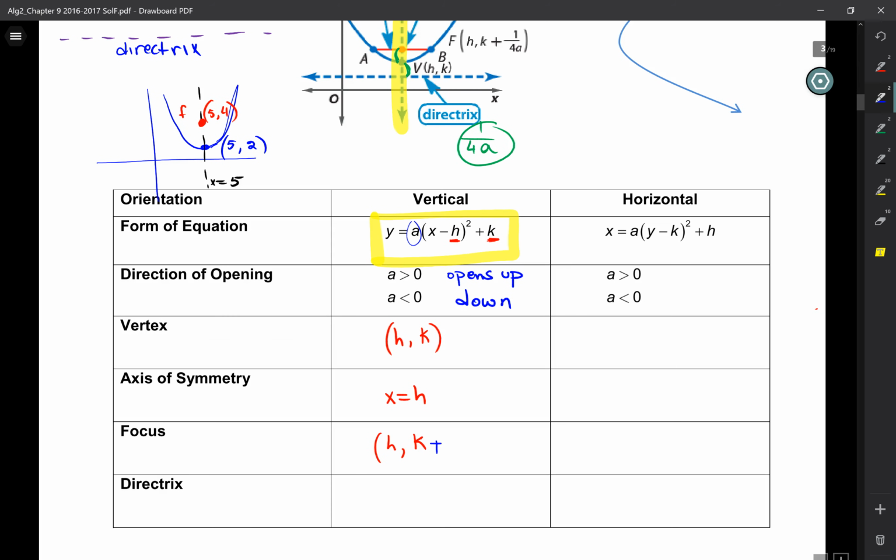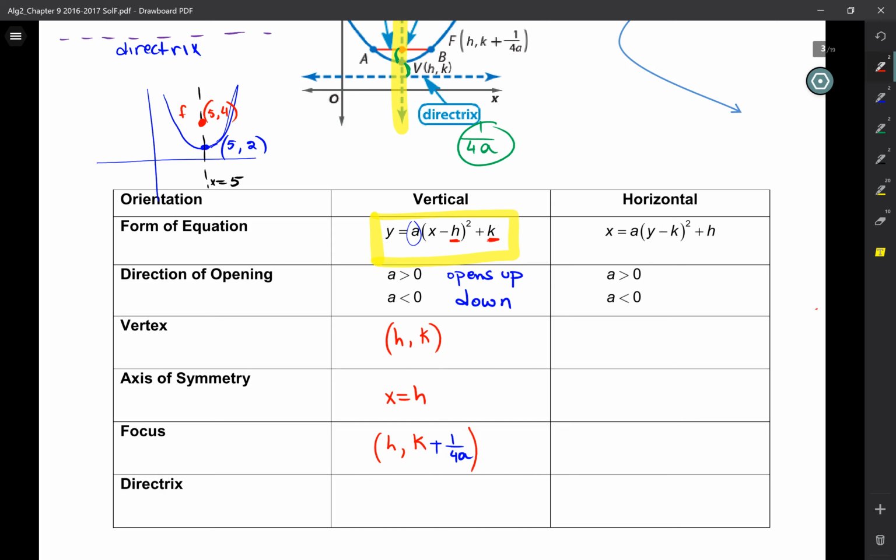So here, how much do I go up from k? Well, 1 over 4a. Yeah, it's always 1 over 4a, never 1 over 4b or never 1 over 2a. It's always 1 over 4a. So now, if I'm at the vertex and I go up a certain number of units for the focus, then from the vertex, where would I go to hit the directrix?